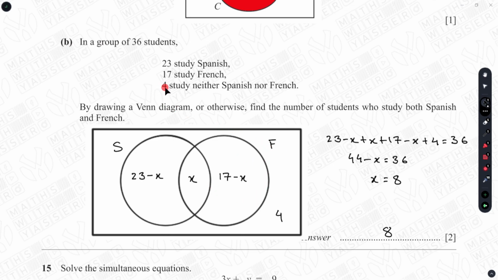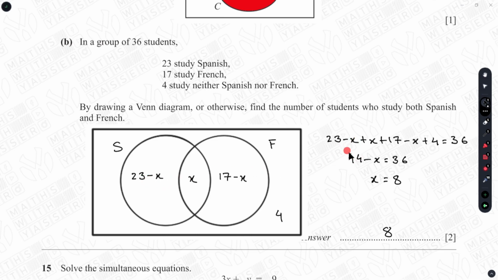And since 4 study neither Spanish nor French, I can keep the 4 outside. And since we don't know the common number of students who study both Spanish and French, I'm considering that to be X. And since 17 study French, just this portion should be 17 minus X, and this portion should be 23 minus X.